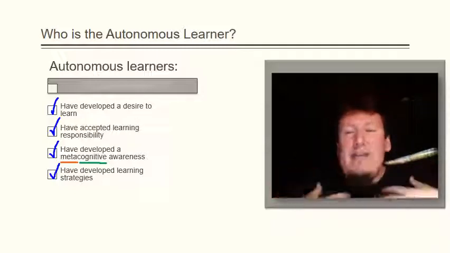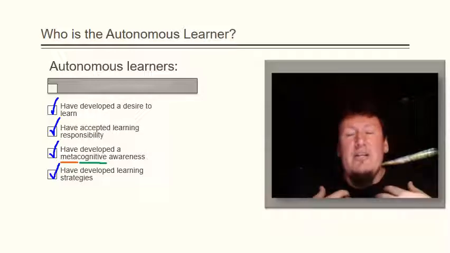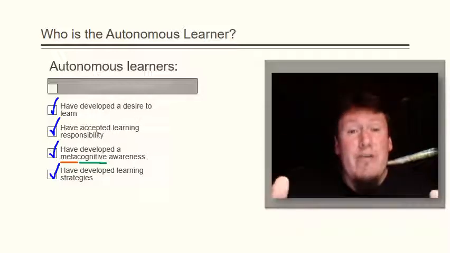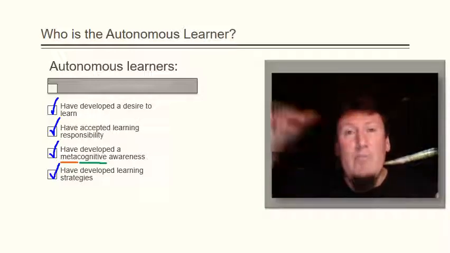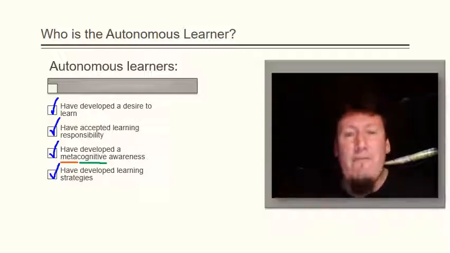So as an autonomous learner, the teacher gives you content in some form. Let's say reading. So you're the autonomous learner, and you say, well, okay, here I have content. It's in reading. Immediately, boom. What are my strategies? How can I get to this content so it's meaningful for me?